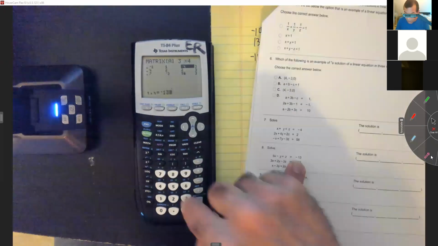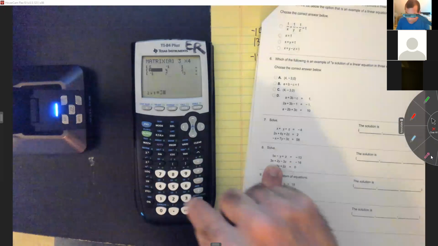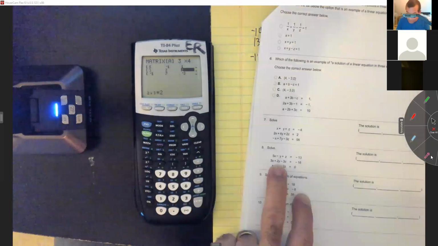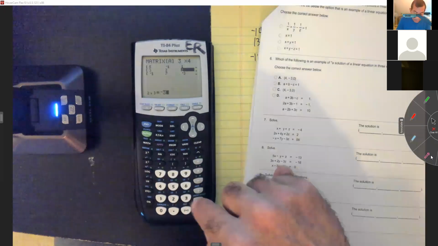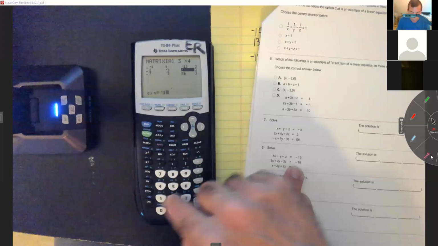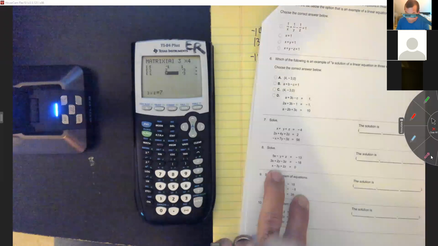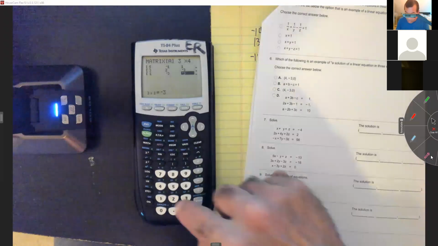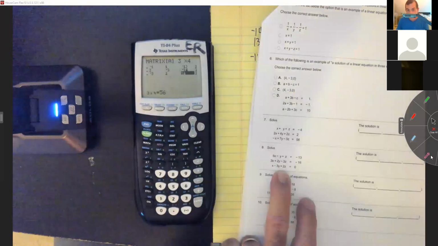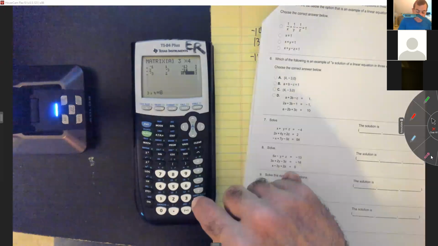Then the second row was 3, enter, 2, enter, -3, enter, -16. And then my last row was a 1, -3, 2, and a 0. So I put my matrix in, quit that screen.